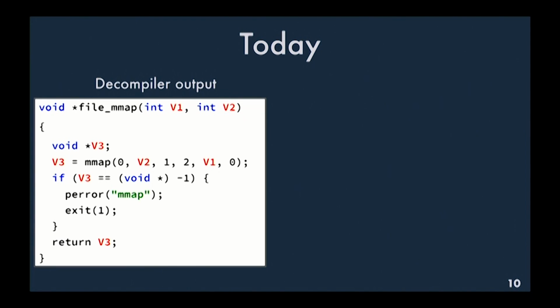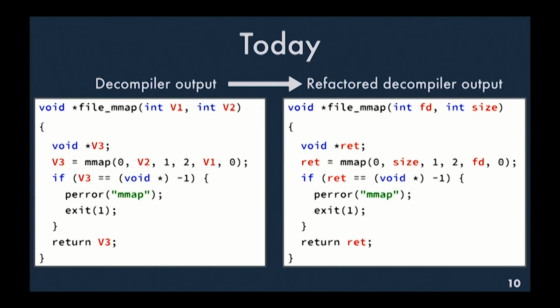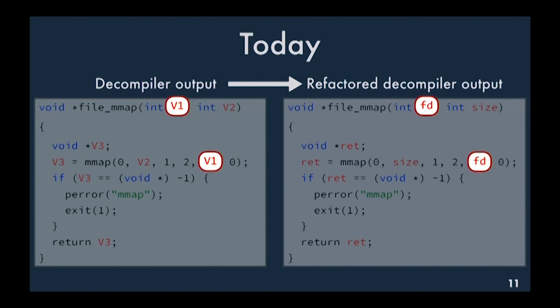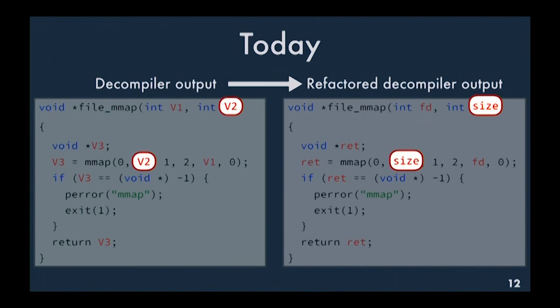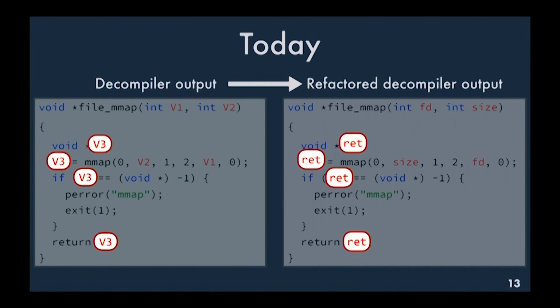So I'm going to show you today some early results from this research project where we're trying to take decompiler output that looks like this without any meaningful names and automatically refactor it to make it more readable. So you could see how we're trying to rename these variables to something that makes sense in the given context, that carries some meaning with it, rather than just the placeholders that are the default output of these tools.